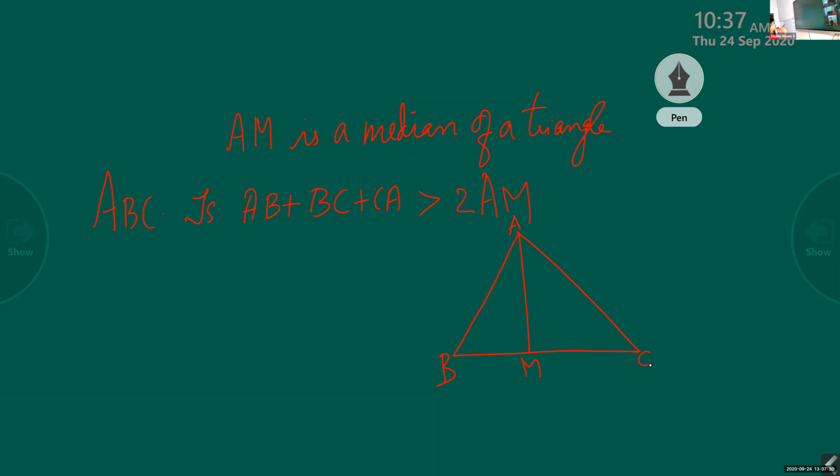Can you tell me? Any idea? You have to prove that AB plus BC plus CA is greater than 2AM. And this chapter is there for the exam.